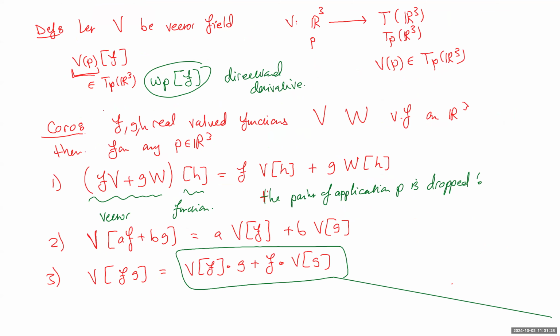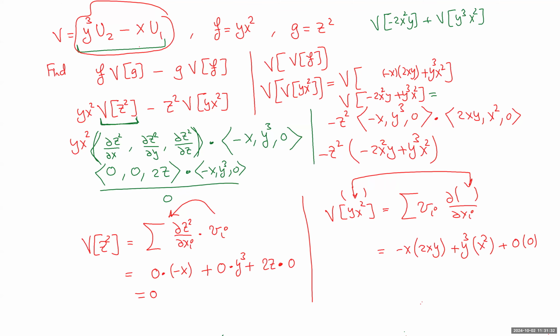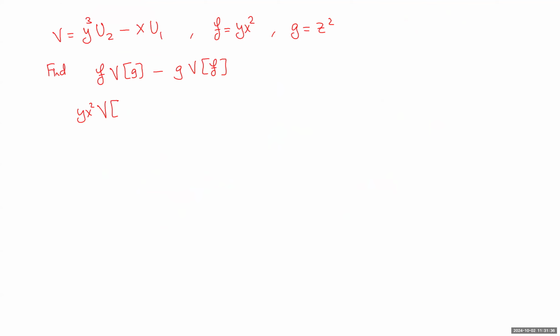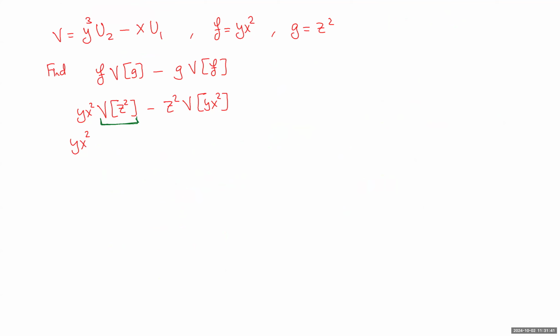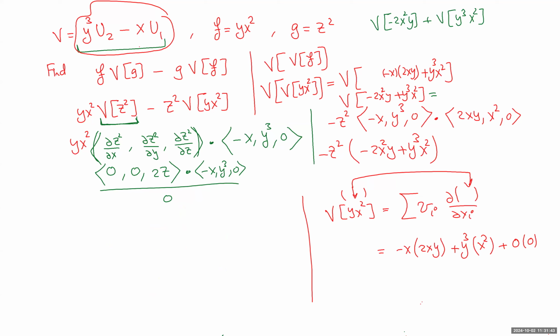So let's just write it down, then we use it. Let's use the rule. So the rule says V of FG is going to be F V G plus G V F.